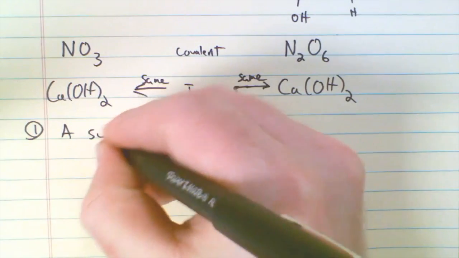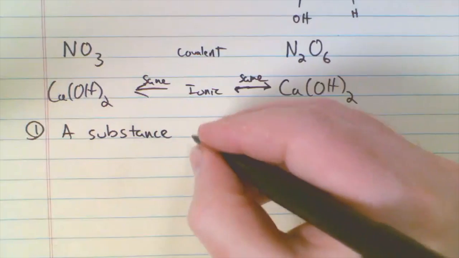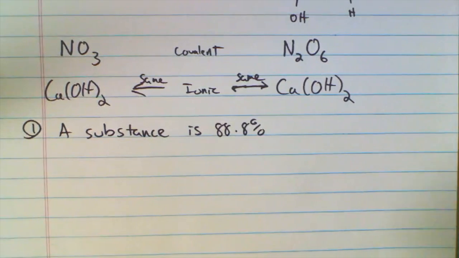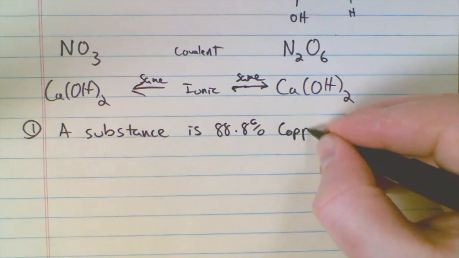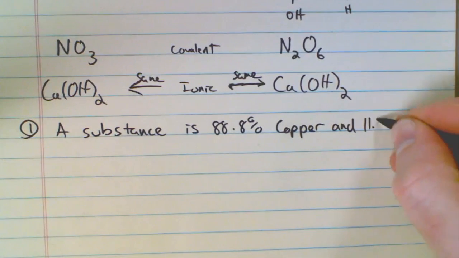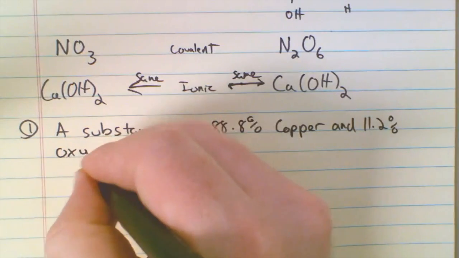So, for example, I've got a substance that is 88.8% copper and 11.2% oxygen.